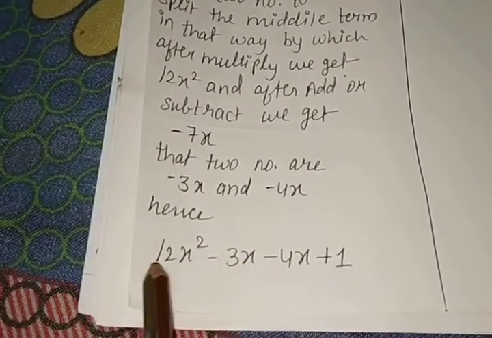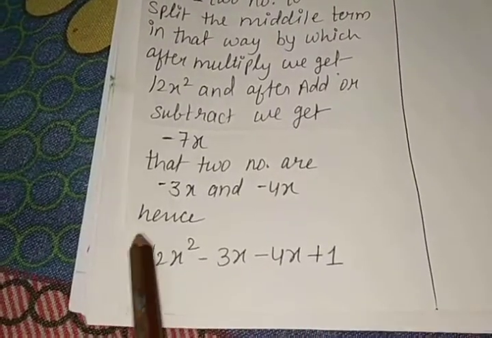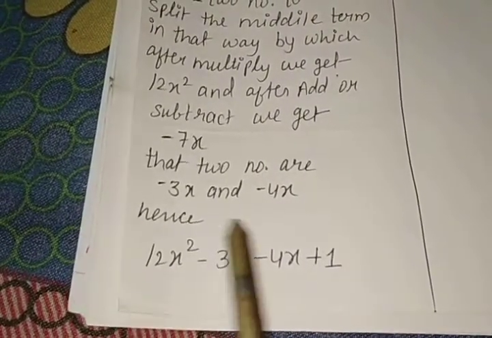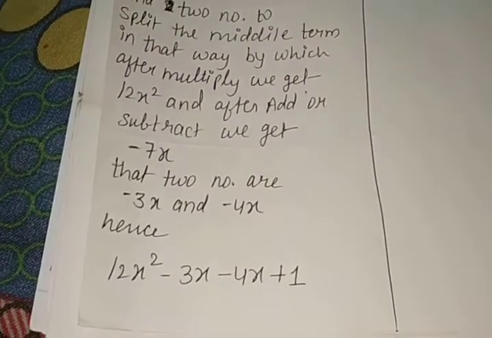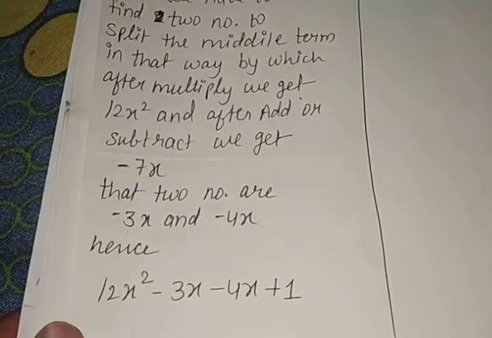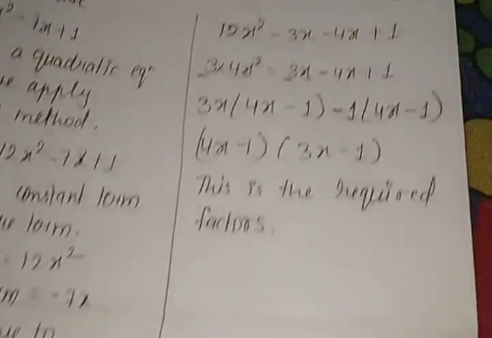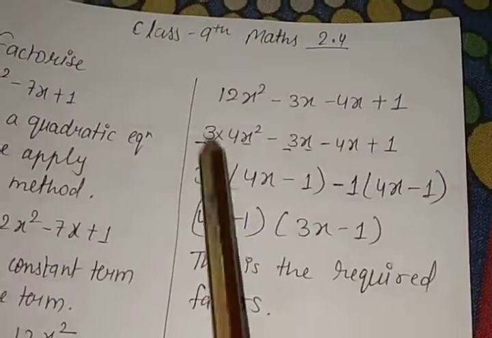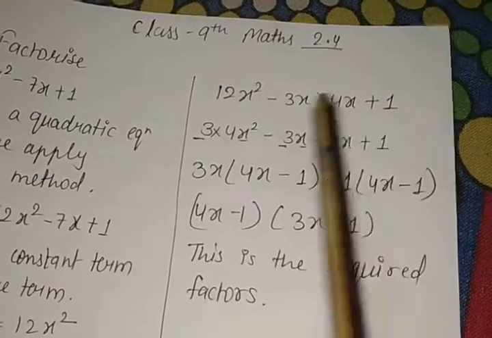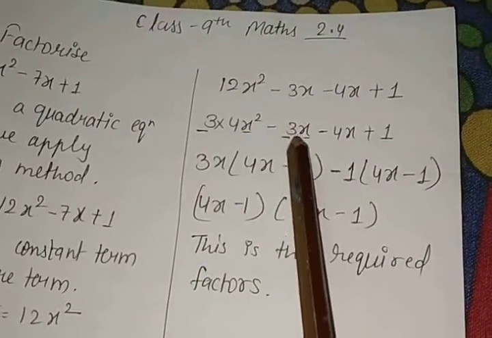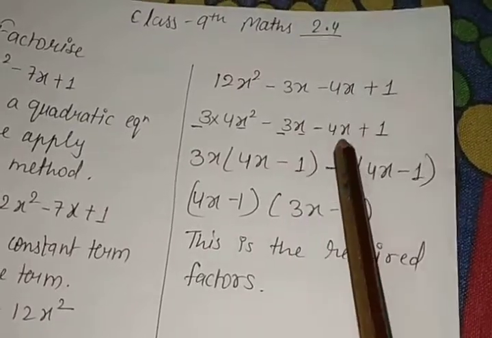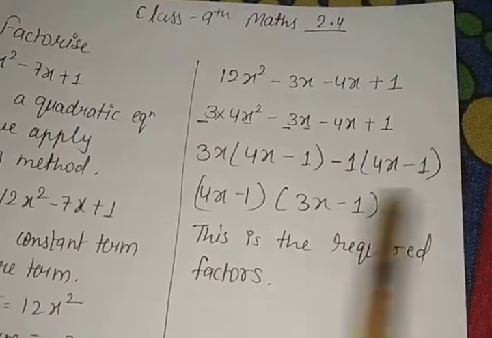So our equation will look like this: 12x square minus 3x minus 4x plus 1. Now we have to find the common factors. This is our equation after splitting. We can write 12x square as 3 multiplied by 4x square, minus 3x as it is, minus 4x as it is, plus 1 as it is.